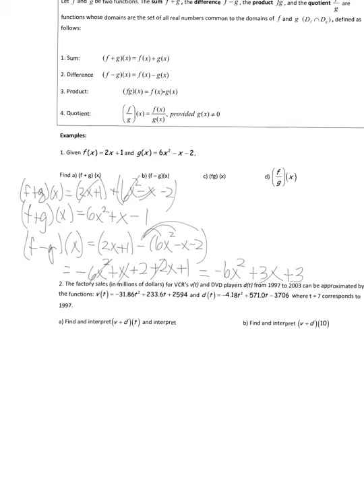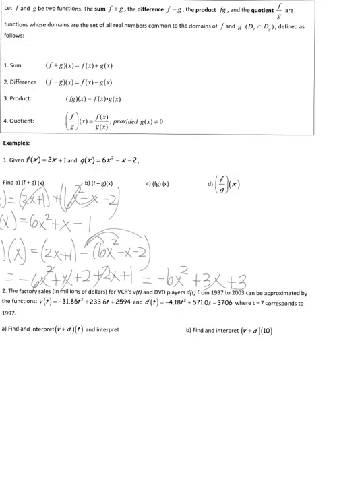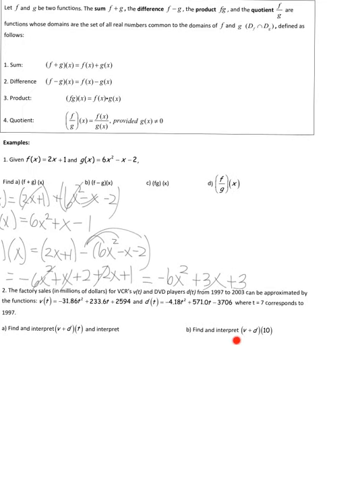V plus t would be the total number of devices sold, and then v plus d of 10 would be how many devices sold in the year 10, which if 1997 was the year 7, as it says right here, 10 would be the year 2000. So v plus d would be a function that would be calculating the number of total devices, playback devices, VCRs plus DVDs, sold in the year 2000. Of course, we've technologically advanced past VCRs as well as, for the most part, DVDs.